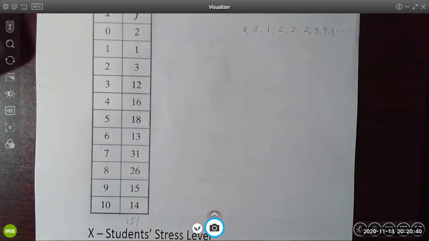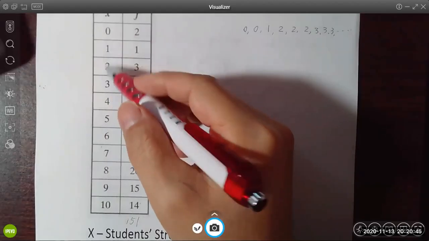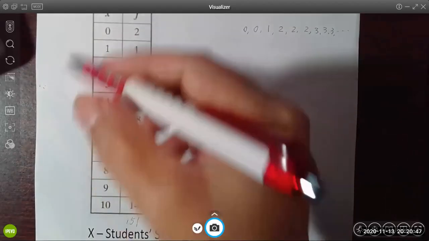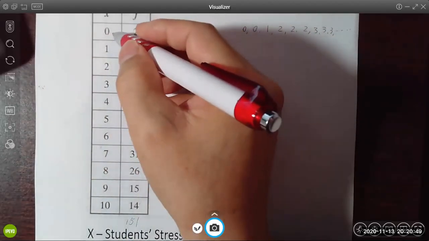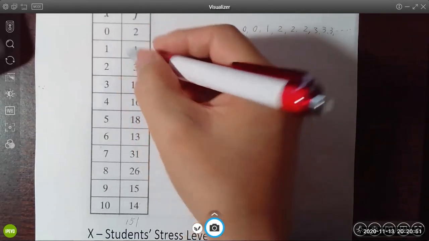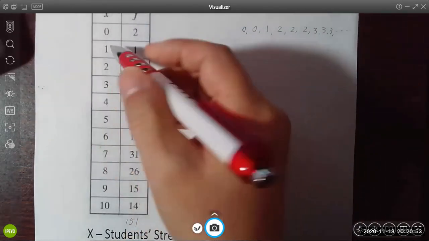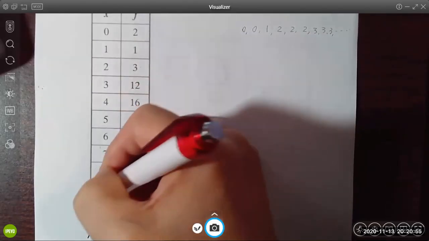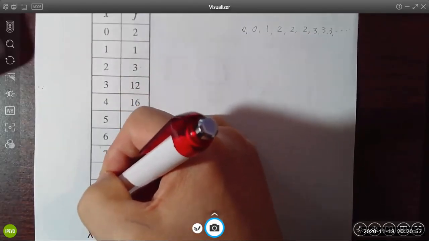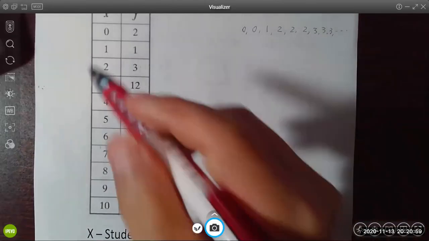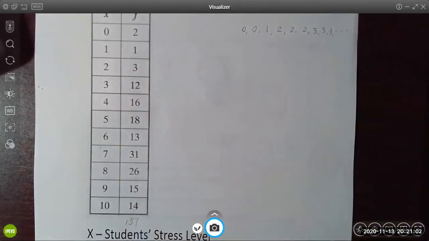So totally 151 students. In other words, actually we have 151 numbers because each student got a level of stress, right? You have 151 students, you have 151 stress levels. It's just that some of them will repeat, like 3, like 2, but you have 151 numbers.